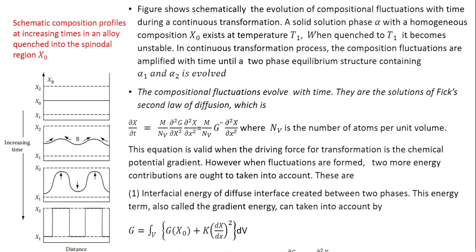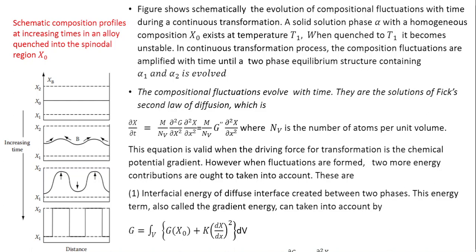So which can be again written as M over NV, and then G double prime, that is the second derivative of G with respect to the composition variable capital X, multiplied by ∂²X/∂x², with the partial derivative with respect to small x, the spatial variable. Here NV is the number of atoms per unit volume.